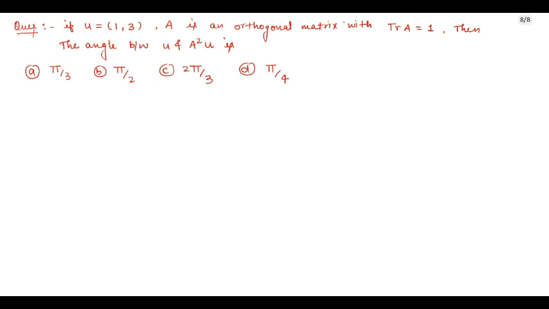What is the correct answer? If we ask this question in general, is this a tough question or an easy question? What is the answer?